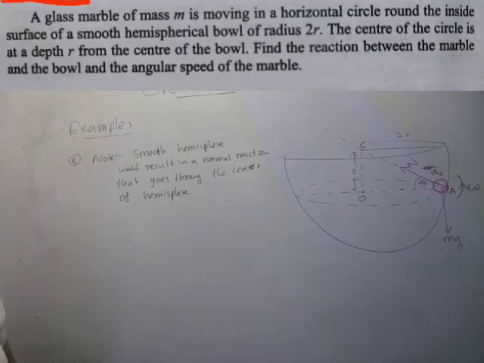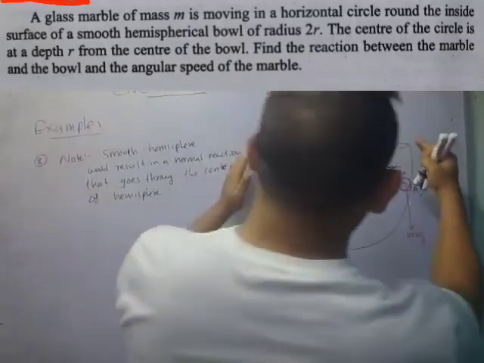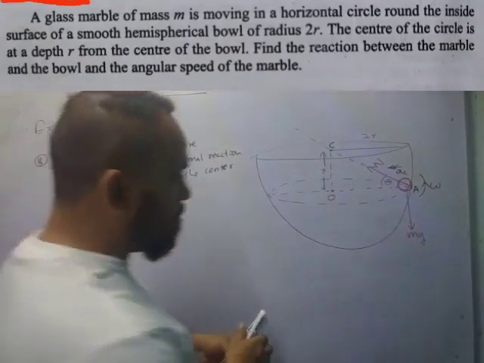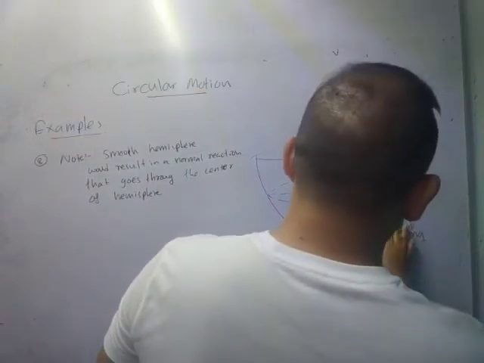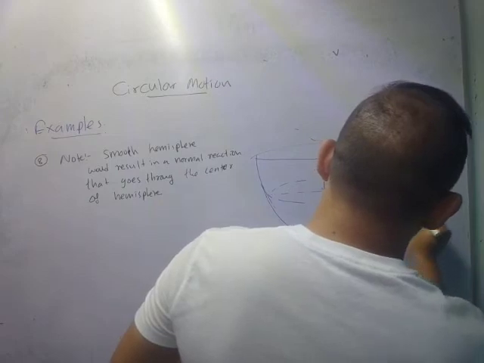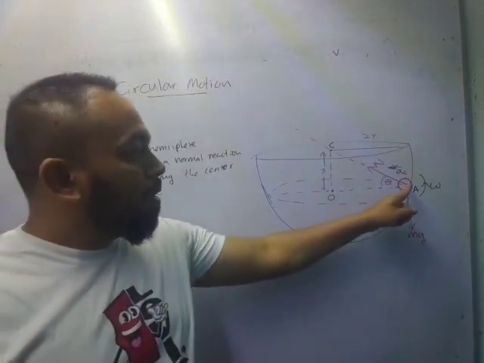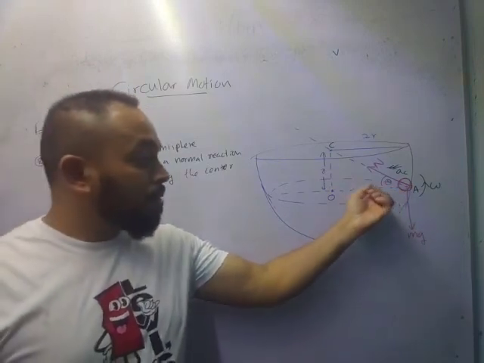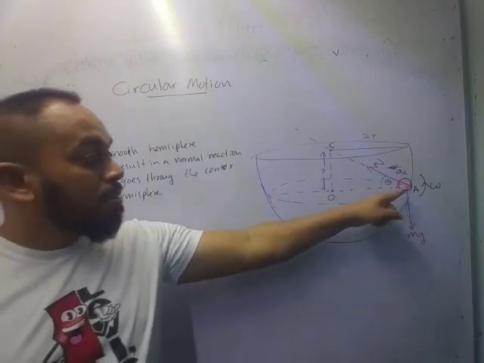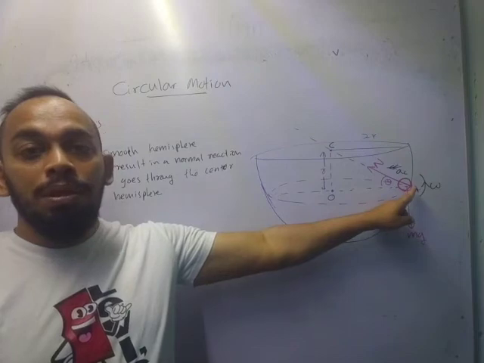Right. So this is a smooth hemispherical ball. Now this particle, the marble, moves on the inner surface of this smooth spherical ball. So when it's moving on the inner surface, there will be a normal reaction acting on the marble.